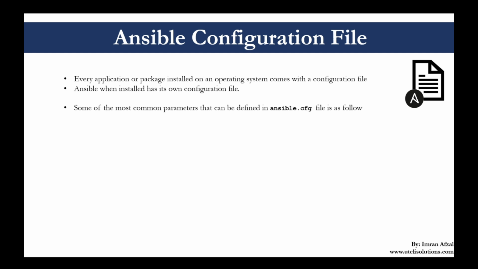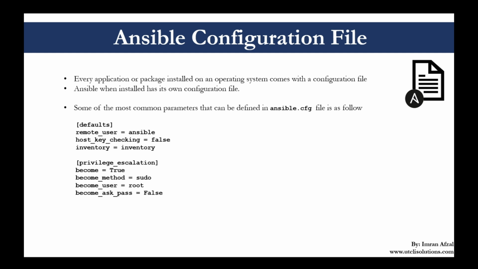Some of the most common parameters that can be defined in ansible.cfg, short for configuration file, are as follows. You could define the list of these parameters in your configuration file. But if you go into your configuration file and cat it and try to read it, you will see none of the parameters that I'm going through.